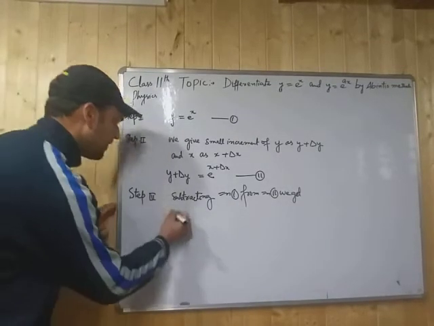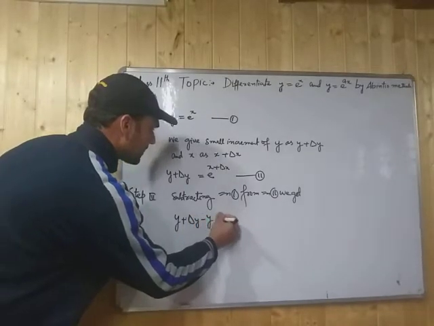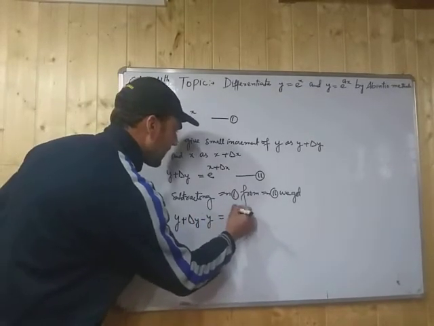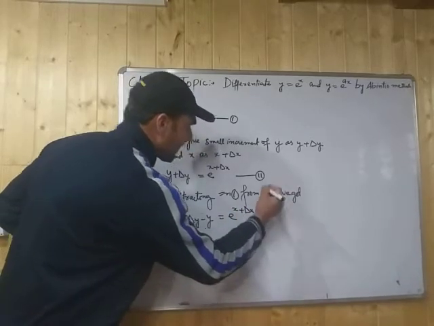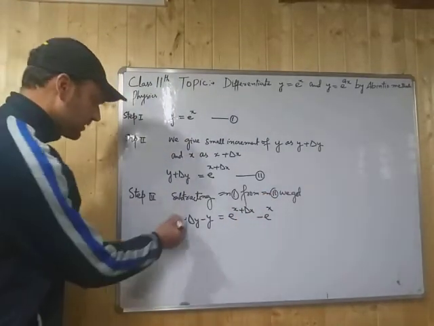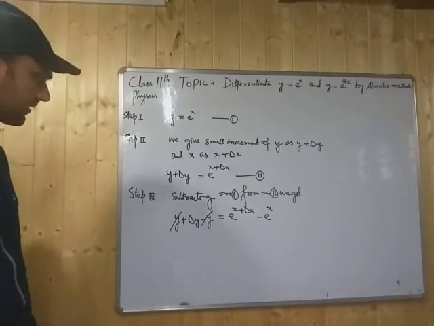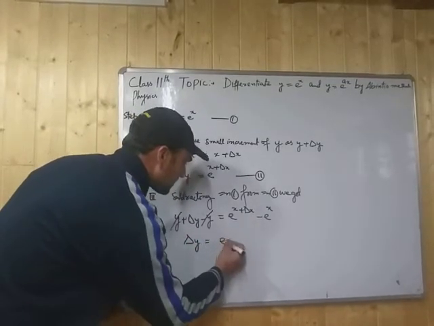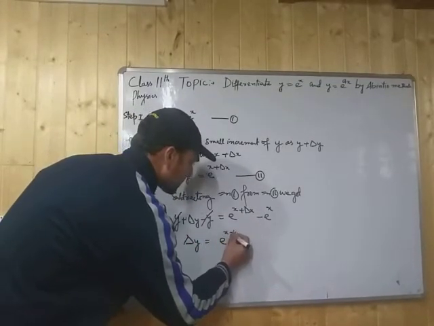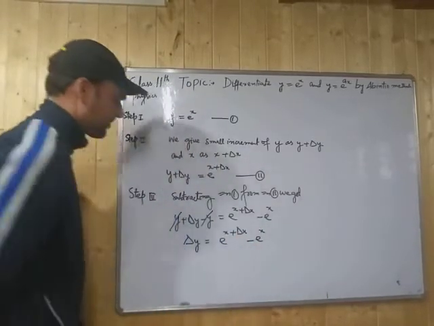Then we will write here y plus del y minus y is equal to e raised to power x plus del of x minus e raised to power x. Here plus y and minus y cancel each other. So we can write here del y equal to e raised to power x plus del of x minus e raised to power x.